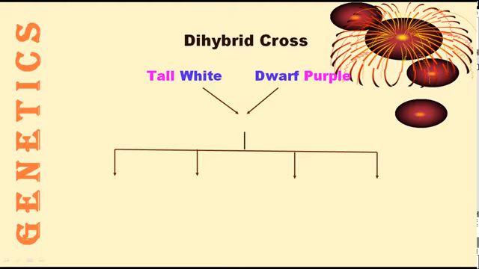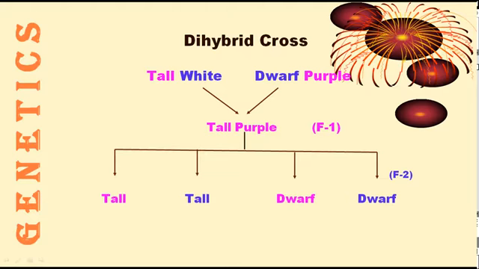Such a combination is called trans condition. And in this condition also, in F1 generation, all plants were tall and purple, following the law of dominance. In F2, again, all four combinations were formed.